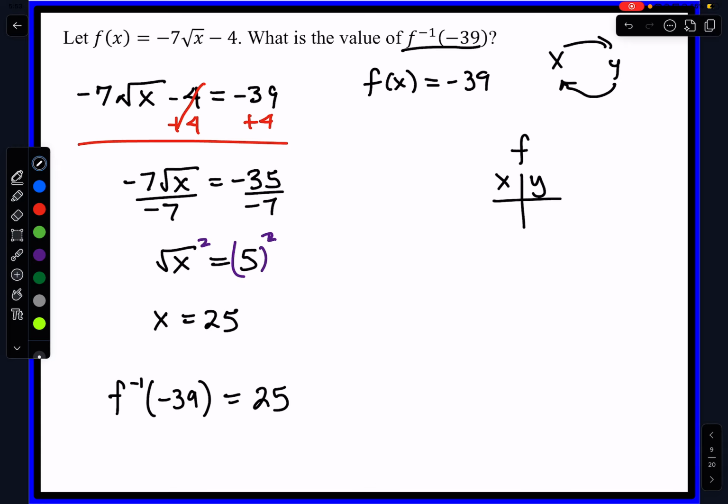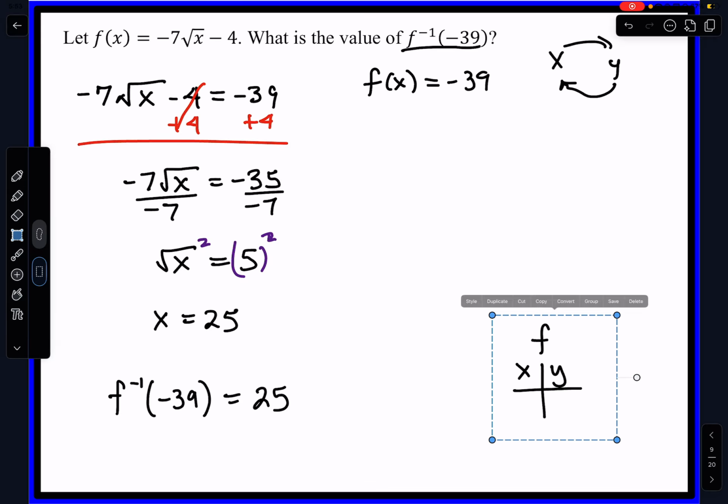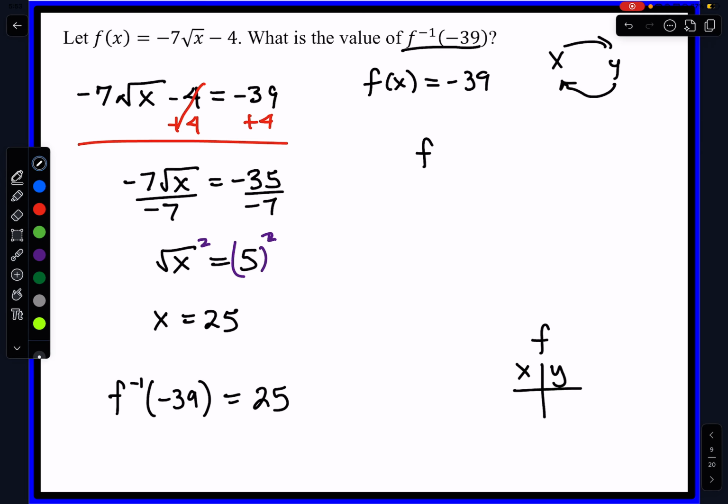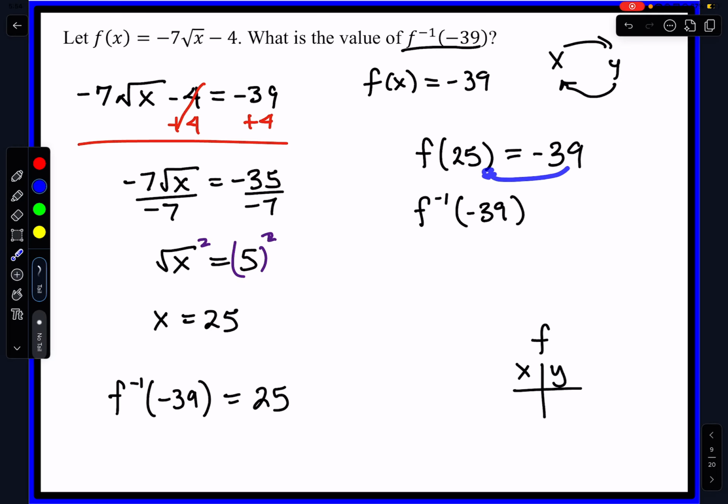If I plug the number 25 into this x right here, that will end up equaling negative 39. And because, like I mentioned, the inverse is simply the domain and range flipping, that would mean that the inverse of f at negative 39, flipping that here, is going to flip this value, and it's going to equal 25.